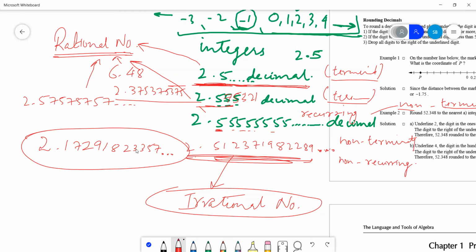Now, what is the quality of those decimal numbers which we have discussed? Terminating, and non-terminating and recurring. Two types of decimal numbers are rational numbers. One is terminating, and the second one is non-terminating but recurring.